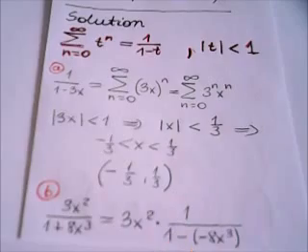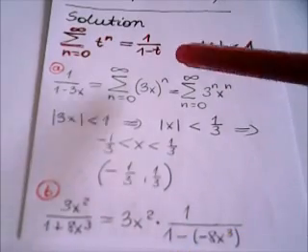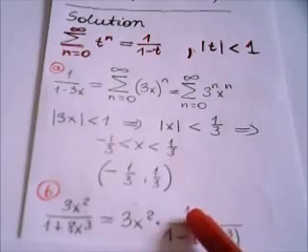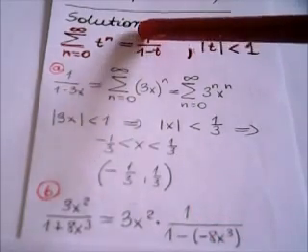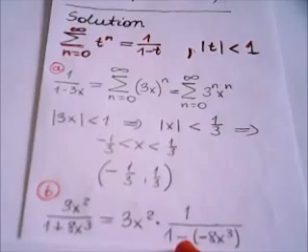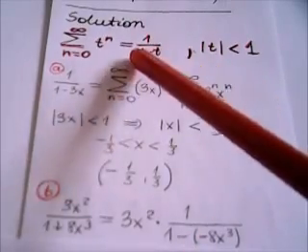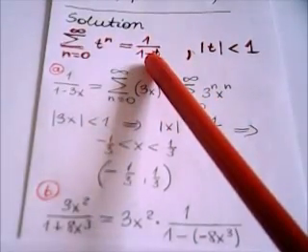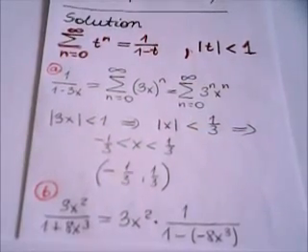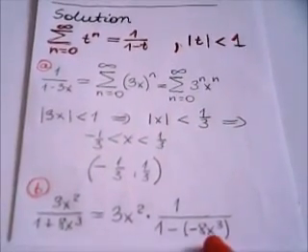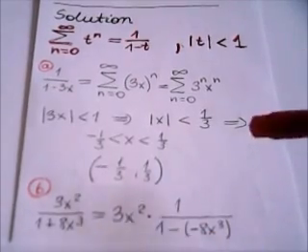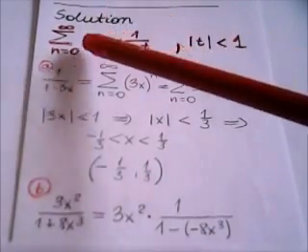This form is similar to this form because numerator is 1, numerator is 1, denominator is 1 minus, denominator is 1 minus. Now I replace t with minus 8x cubed and I substitute in this place.